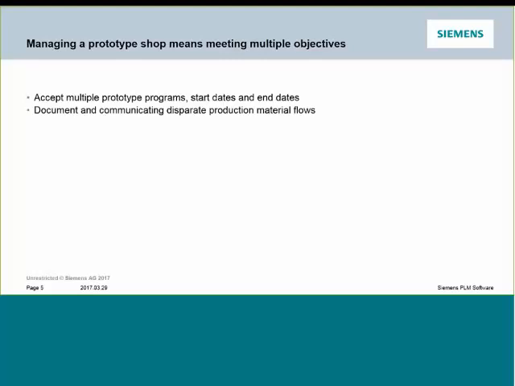That person's going to be responsible not just for documenting disparate production material flows, but communicating those to the supervisors and the operators who have to build various prototype programs and have to do that in a series of steps, which are typically happening concurrently.